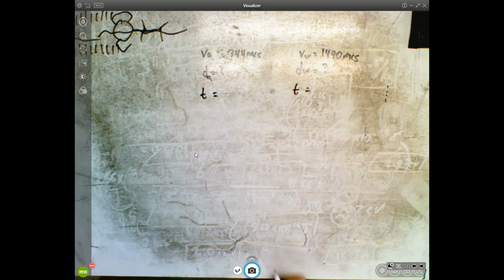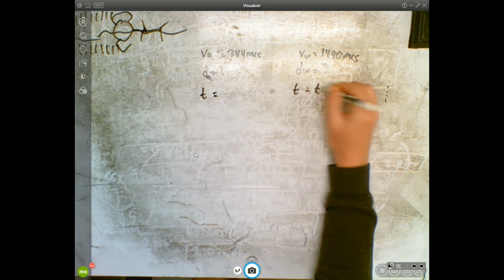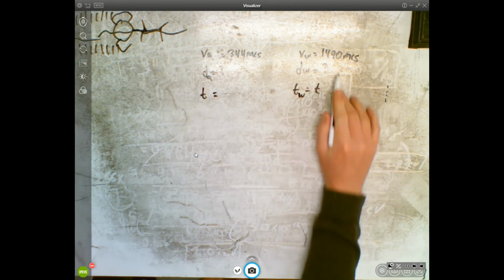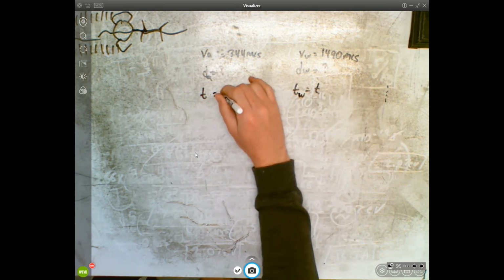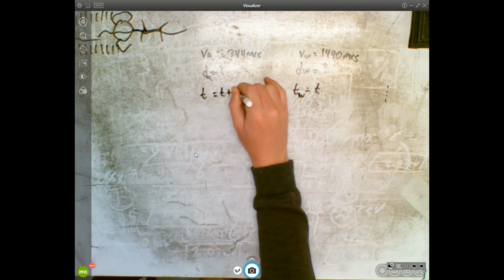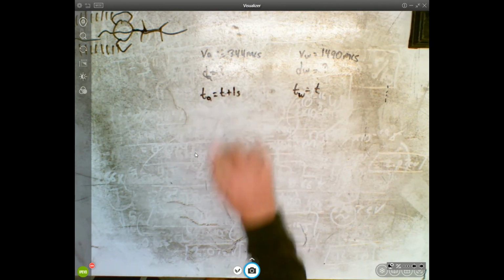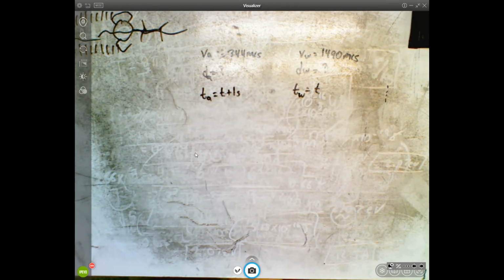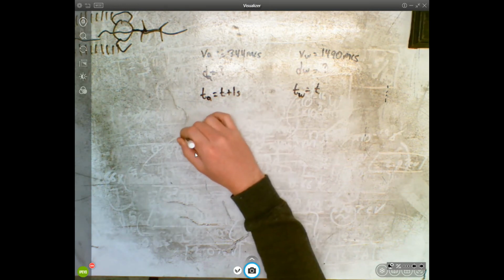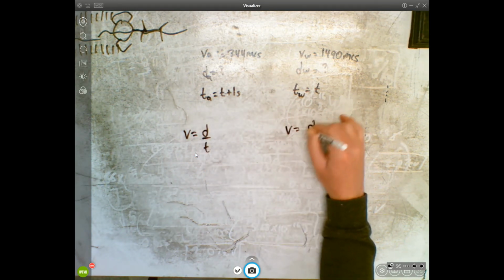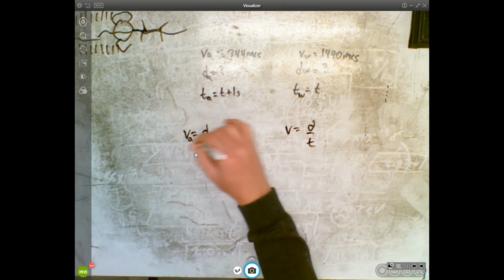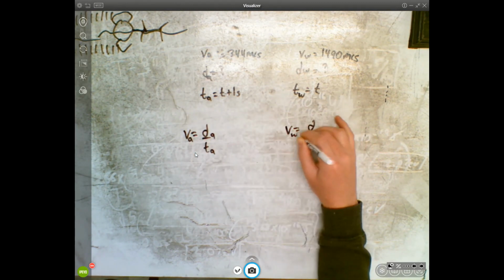But we do know that it hits the water ear first, so I'm going to call that time t, and then a second later the air ear hears it. So we're using v equals d over t for both, where this is air and this is water.